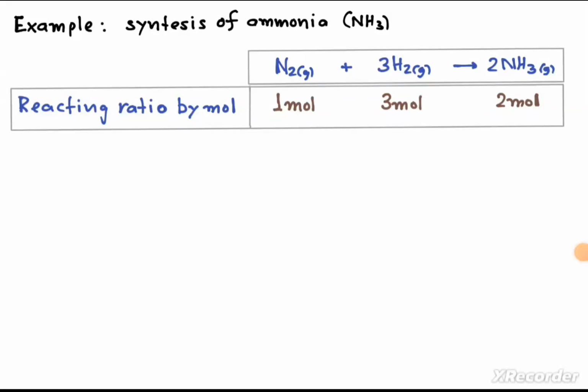The reacting ratio by mole is 1 mole nitrogen, 3 mole hydrogen, and 2 moles ammonia. This means that 1 mole of nitrogen reacts completely with 3 moles of hydrogen and then 2 moles of ammonia are produced.